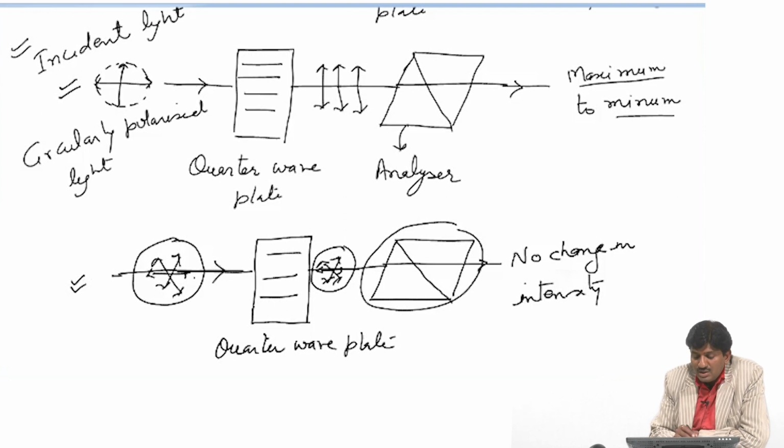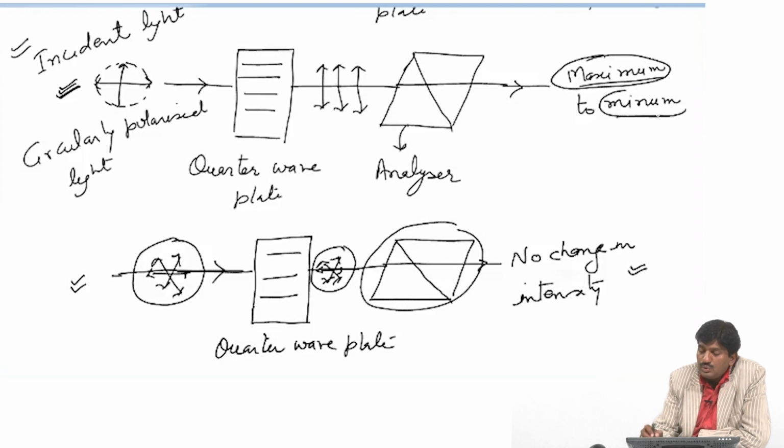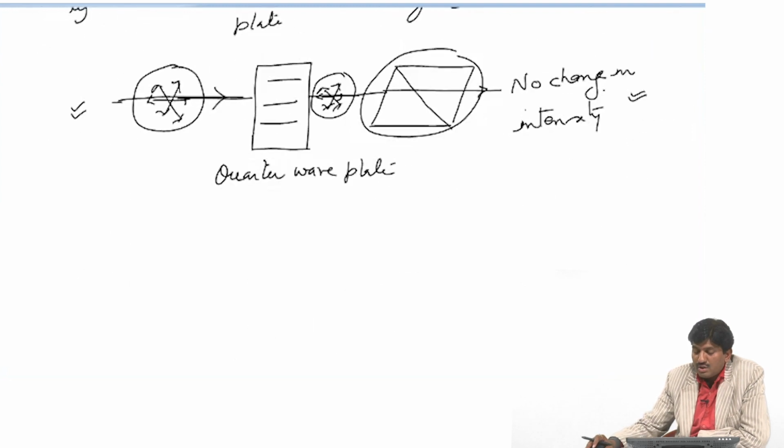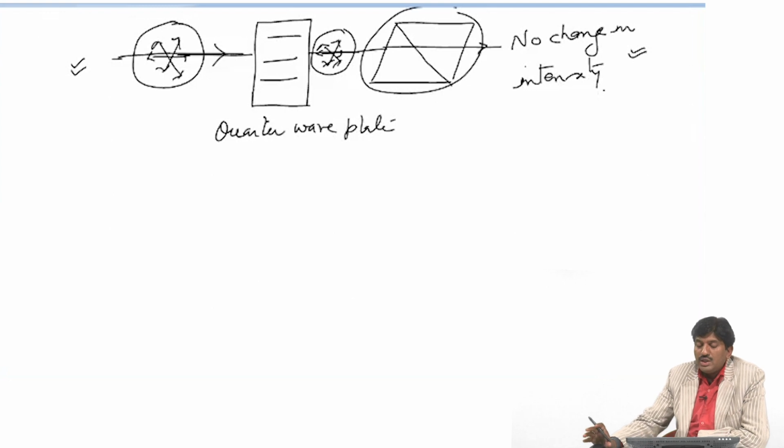If unpolarized light is incident, there will be no change in intensity, and if circular light is incident, there is a variation in intensity from maximum to minimum. So, this is the detection of circularly polarized light.